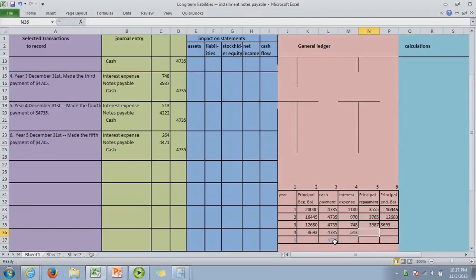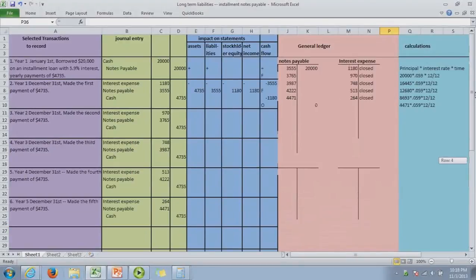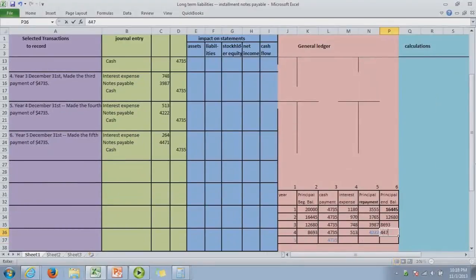And then your cash payment less the interest equals your principal repayment in year 4, which was 4222. And then the ending balance would be 8693 principal beginning minus repayment of 4222 equals the ending, which is 4471.